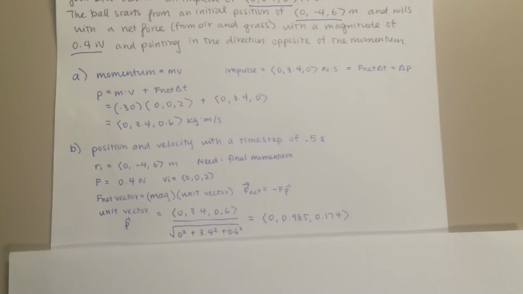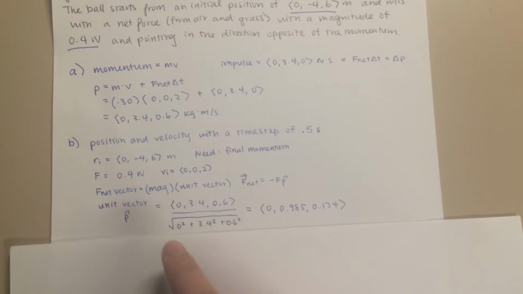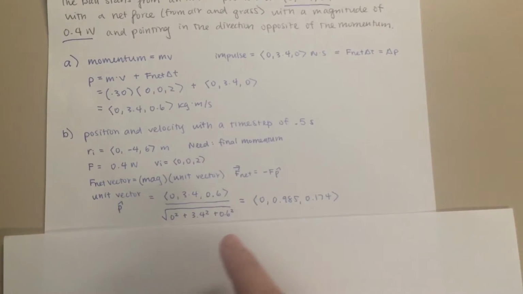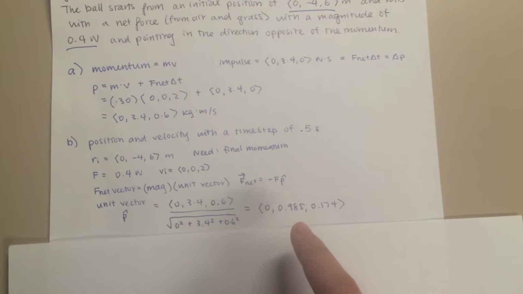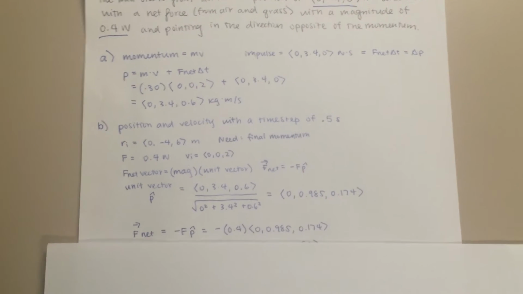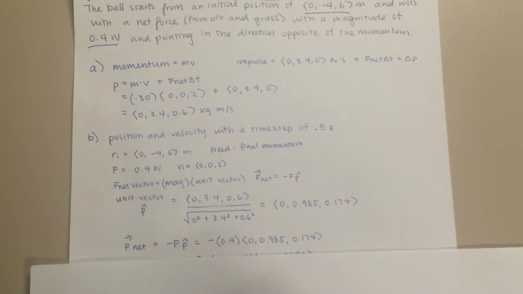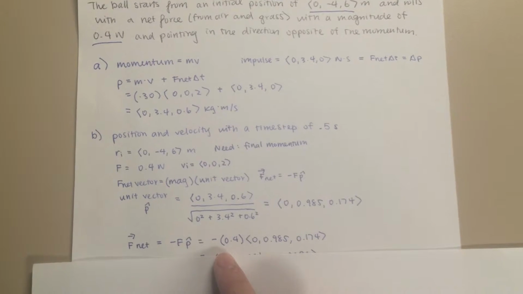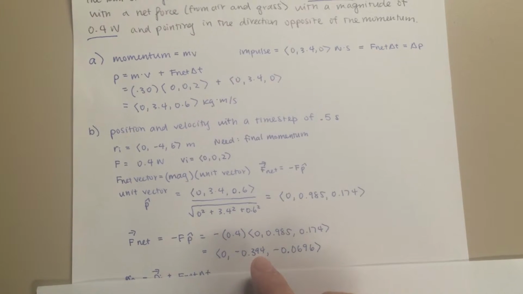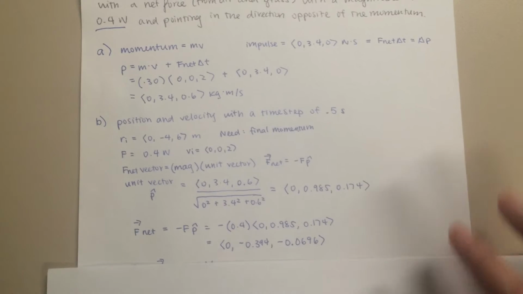To find the unit vector, we take the momentum, which is 3.4, 0.6, and divide by the square root of the sum of the squares. And we get 0.985 and 0.174 for the unit vector of the momentum. And we just multiply that by the magnitude. Since it says in the opposite direction of the momentum, that's why we use the negative sign. After we do all that, we get negative 0.394 and negative 0.0696. And that's the F net.